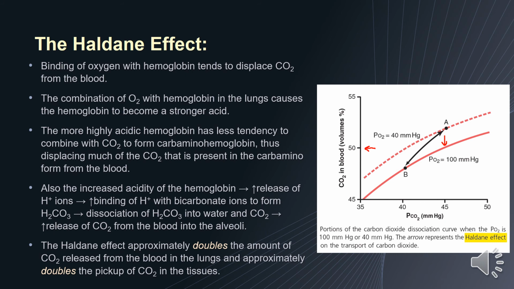But in reality, Professor Haldane discovered that at the partial pressure of 45 in the venous blood, the blood will hold a concentration of carbon dioxide equal to 52. So there is an increase in the carbon dioxide held by the hemoglobin, and this is simply because the hemoglobin has been changed from oxygenated hemoglobin to deoxygenated hemoglobin, and this is the Haldane effect.